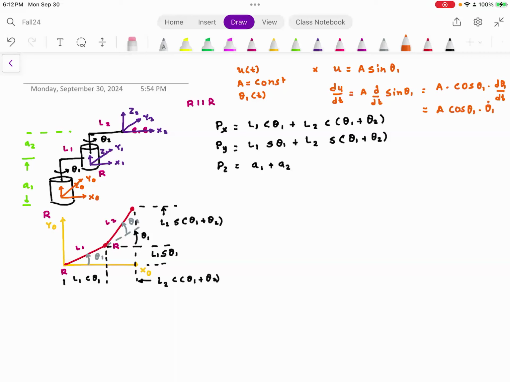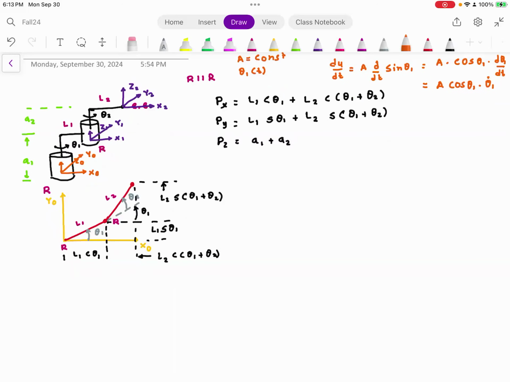Everyone understood this? And the reason for that is, even though A is a constant, theta 1 is dependent on time, and sine is a function that is dependent on theta 1. So now when I take the derivative, this small expression is going to expand. So I will start taking the derivatives. d by dt of Px is equal to Px dot.